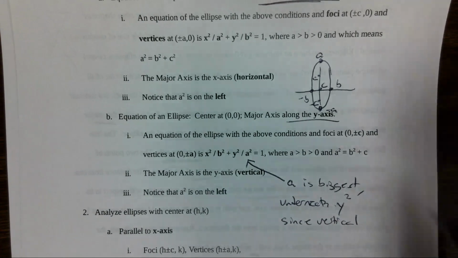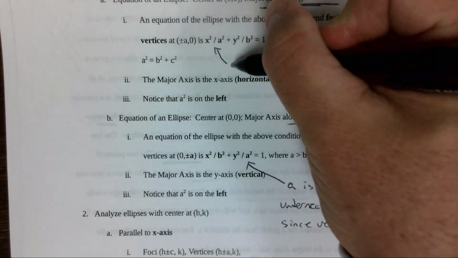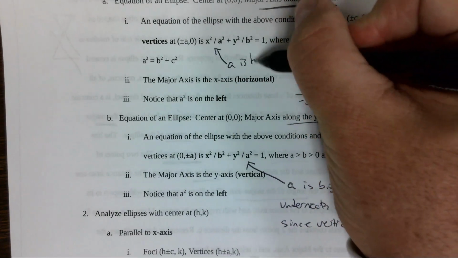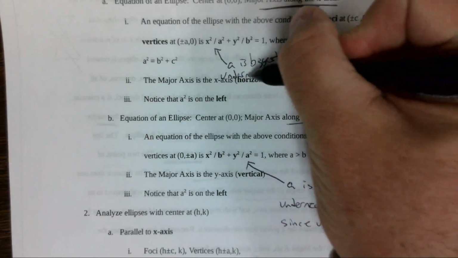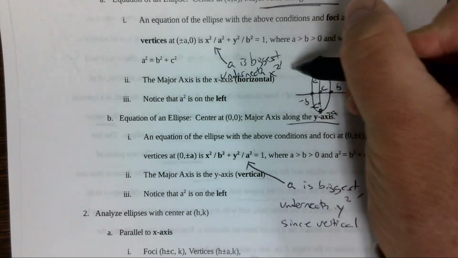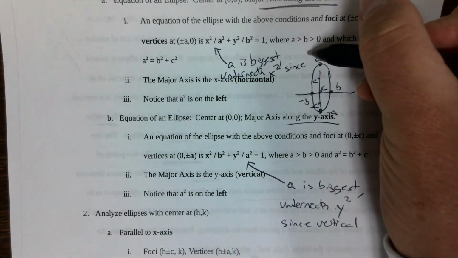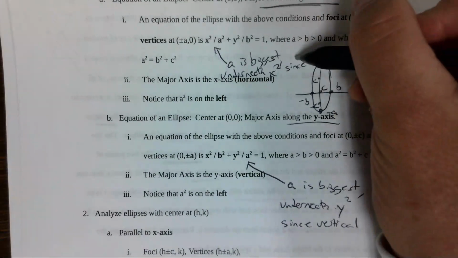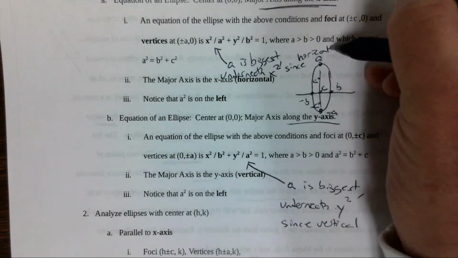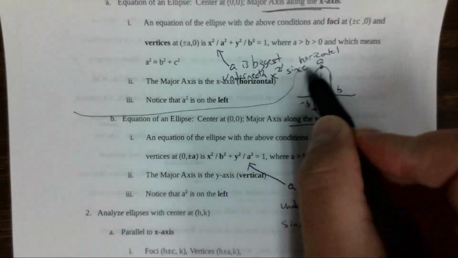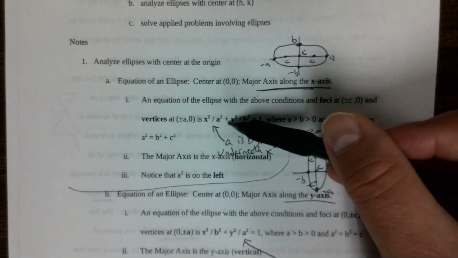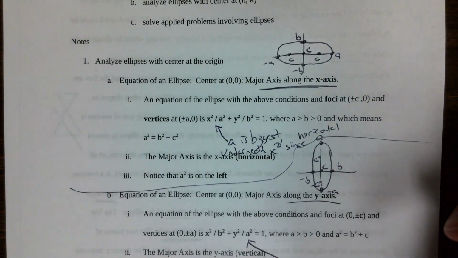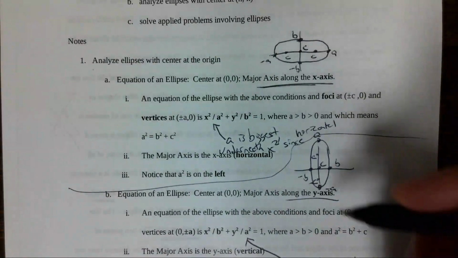So that's the main difference. So on this one, a is biggest and it's underneath x squared since it's horizontal. So that had to do with this figure. a was biggest and it's underneath x squared since it's horizontal. And this was the vertical one.